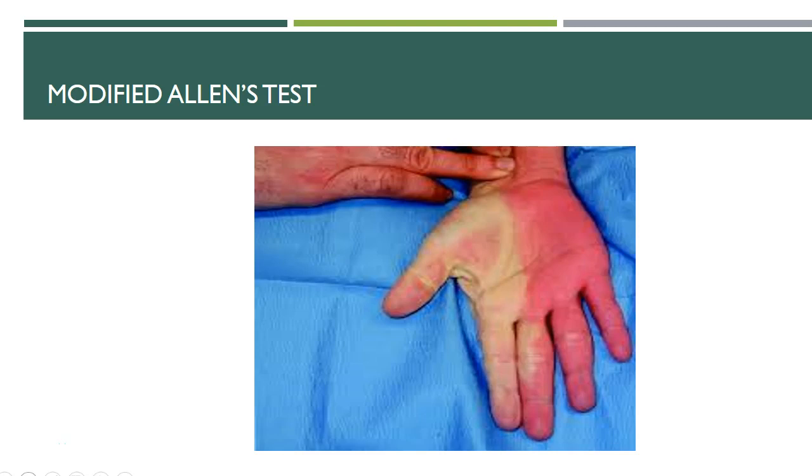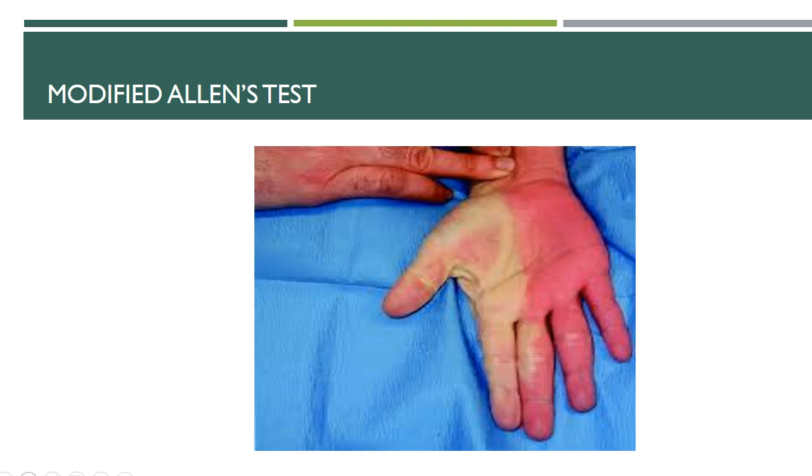So this is a picture of a modified Allen's test. I actually meant to talk about it in class, but I forgot. So anybody who does an ABG, your respiratory therapist, you, whatever, you will need to perform a modified Allen's test. The way that this is performed is the person performing the procedure is going to occlude both the ulnar and the radial arteries.